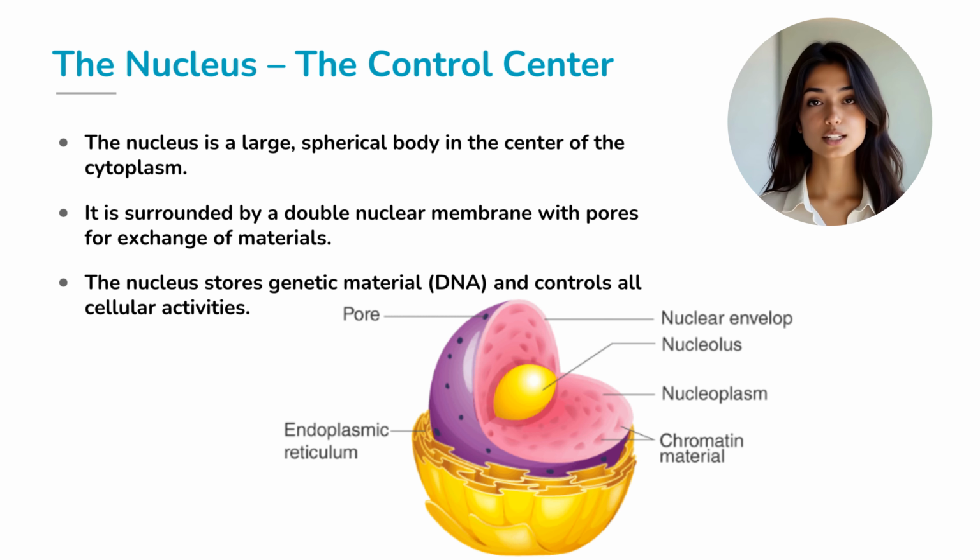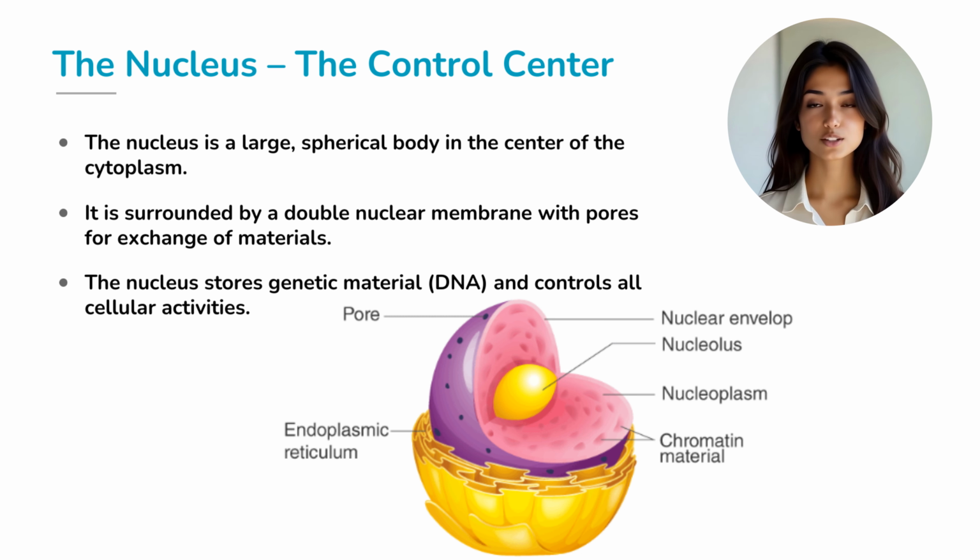Inside, you can see the nucleoplasm, a semi-fluid that acts as the internal medium of the nucleus. Within the nucleoplasm, there are one or more nucleoli, which appear as dark round structures. These nucleoli are the sites where ribosomes are produced, essential for protein synthesis.